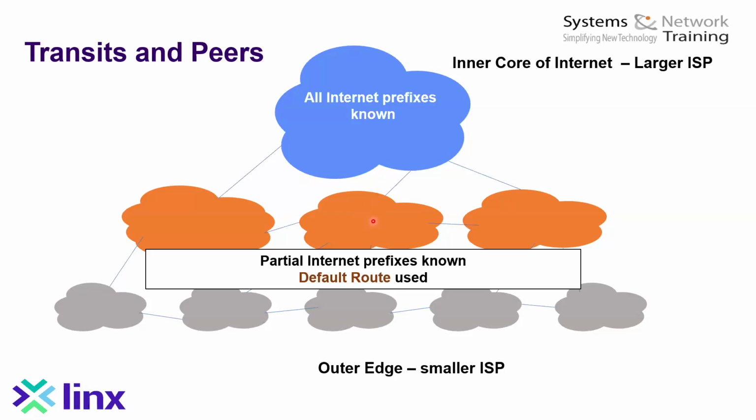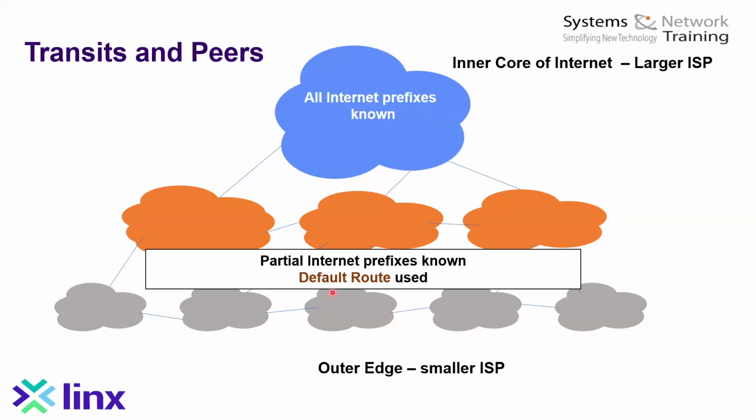I'm going to send it upstream to this bigger service provider because I've got a transit relationship with them. And because it is a bigger service provider, I know that they have all the internet prefixes and they will know what to do with this packet. They have routing information about the prefix that this packet should be going towards.